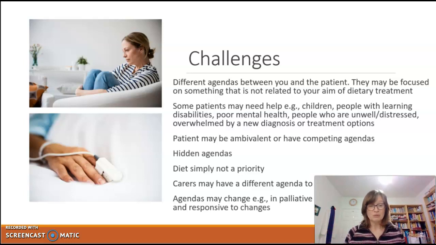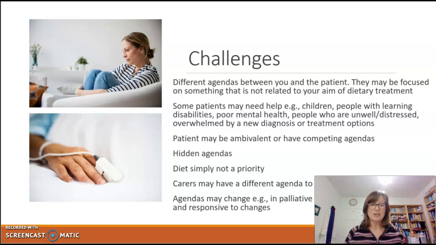And as I mentioned already, people who might be overwhelmed by a new diagnosis, or there might be too many options for them to work out which one's best. Sometimes we're going to have people who are ambivalent, so they want to make changes, but they don't. So they may have other agendas that are getting in the way, and we might need to work with them on how to deal with that.